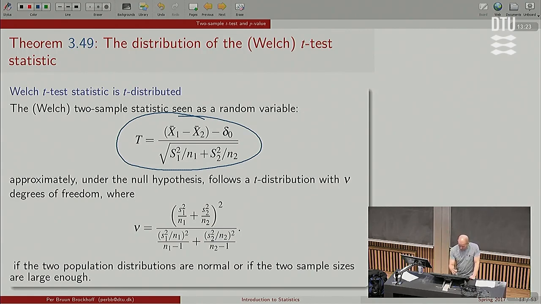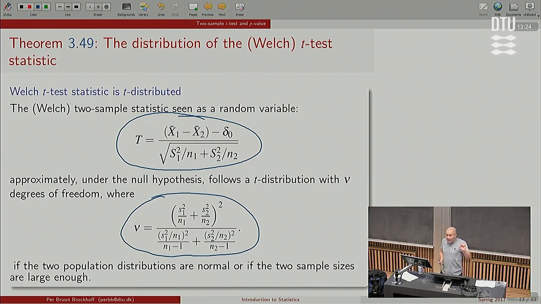However, for this version of it, it looks terrible, but actually you can see it's very simple in the sense that only the two variances and the two n's are part of this formula. So even though the formula itself looks a bit terrible, it's just plugging in the two variances and the two n's, and those we have.